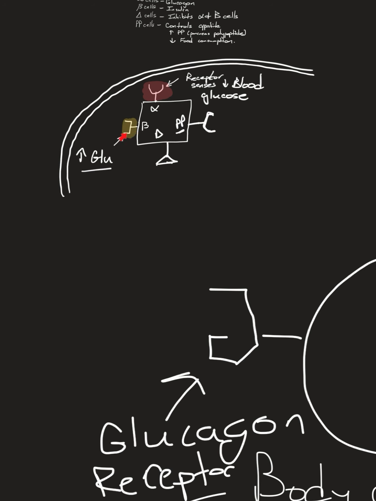If the receptor on the beta cells senses high glucose, it releases a hormone, the hormone insulin. Insulin's a protein hormone, polypeptide hormone. And if the pancreas measures low blood glucose at the alpha receptor, then it's going to release a hormone called glucagon.